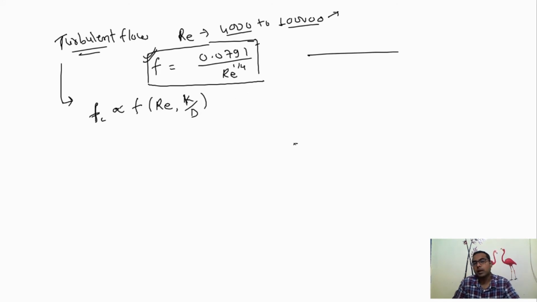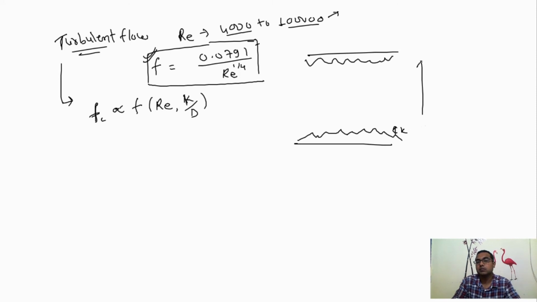Suppose this is your pipe, and this is the rough surface inside the pipe. So we know K is the average height of irregularities. So what is the value of K as compared to this D? This is important.